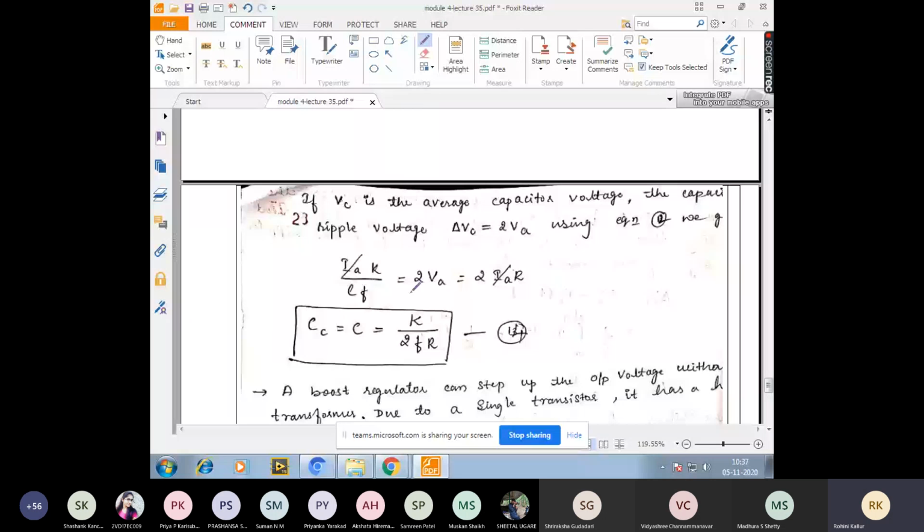So I have K divided by F left out here, and here I have 2 multiplied with R. So C is equal to K divided by 2F into R. This is the value of critical capacitance to be calculated so that I will be getting a continuous average capacitor voltage across the device. Okay, so this is the derivation of the boost regulator. Any doubts?